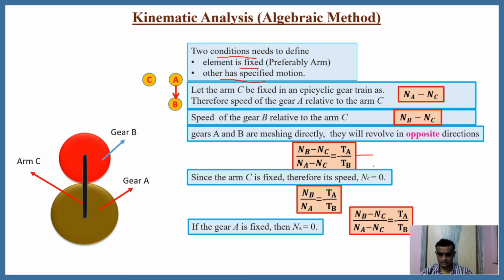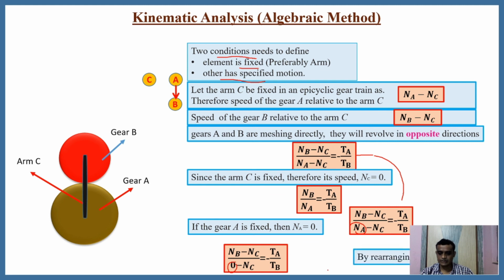That means NB minus NC upon minus NC, that is because NA is equal to 0, is equal to minus TA upon TB. By rearranging these terms, you will find NB upon NC is equal to 1 plus TA upon TB.